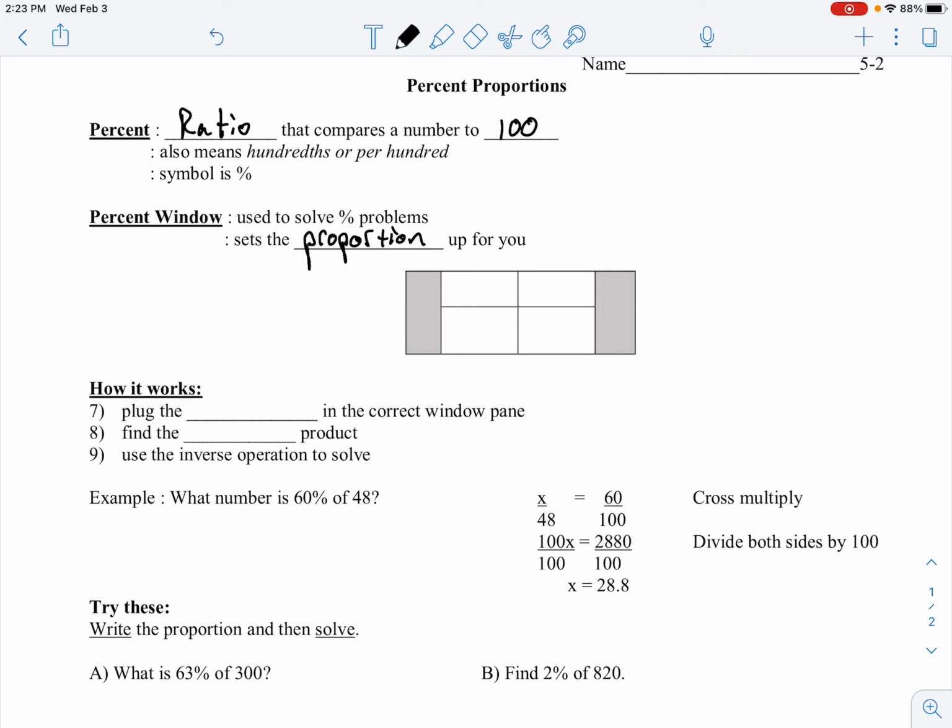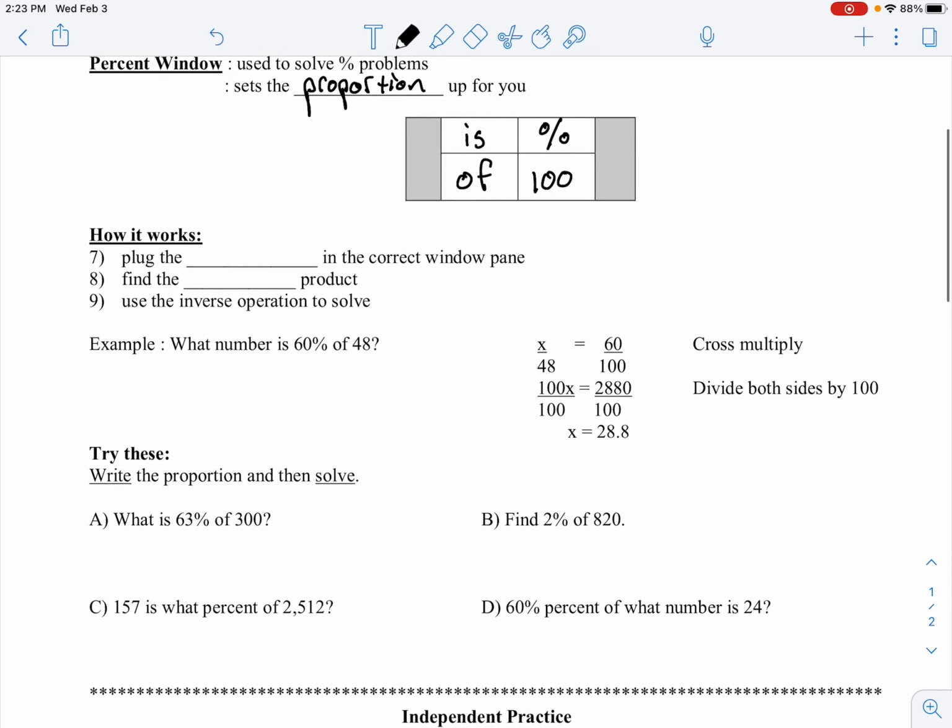So this little window is how we're going to compare the things we'll see. Up here we're going to get is. Down here we'll get of. Here we'll see the percent that we're dealing with. And then down here will be 100. We'll see how this works in a little minute.